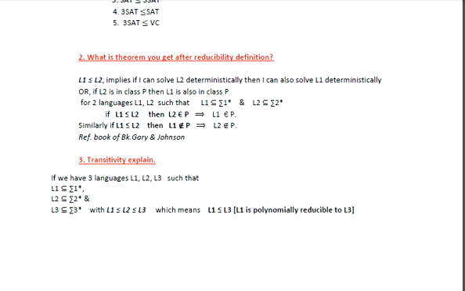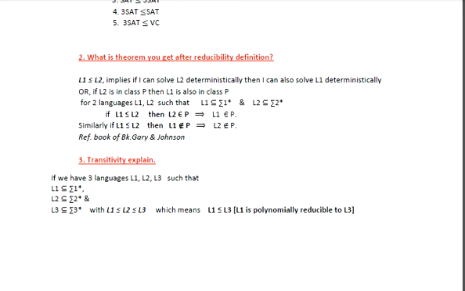We have seen this in my last video. Now if the situation is like that, then we get two cases. First, if L1 is polynomially reducible to L2, and L2 belongs to P, it implies that L1 is also in P.